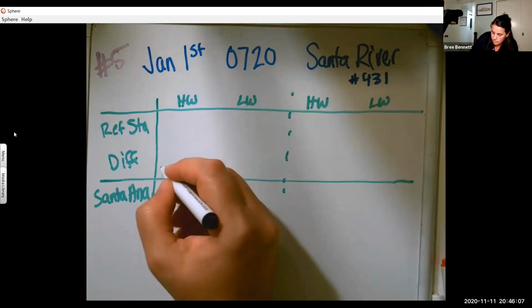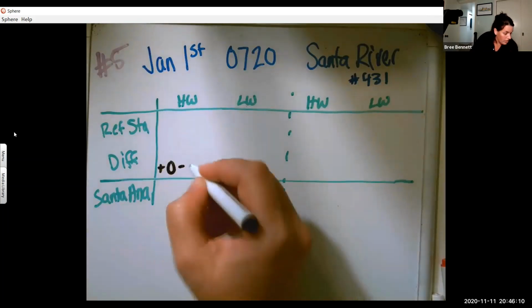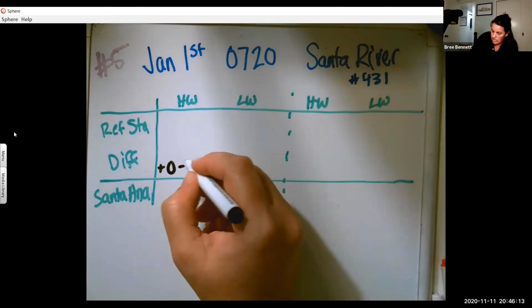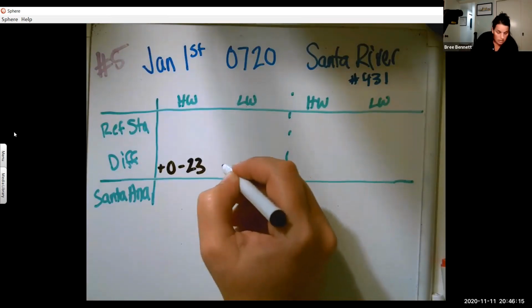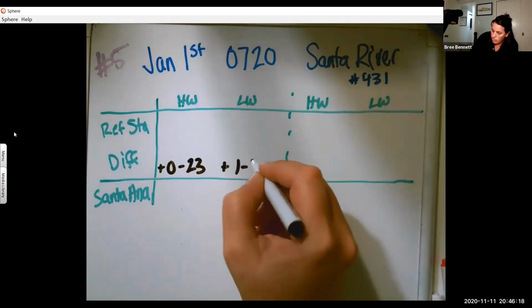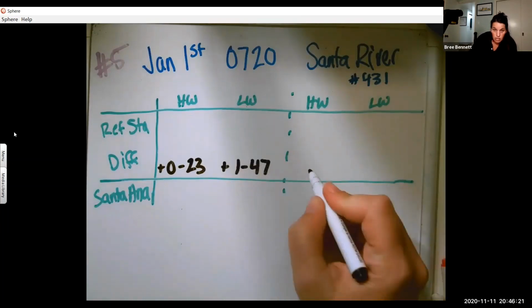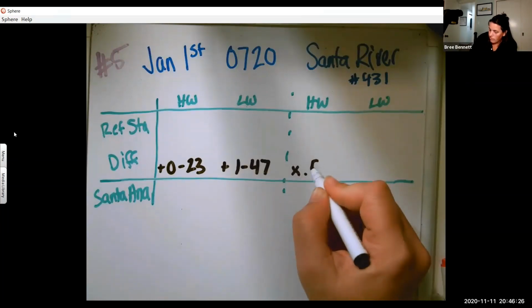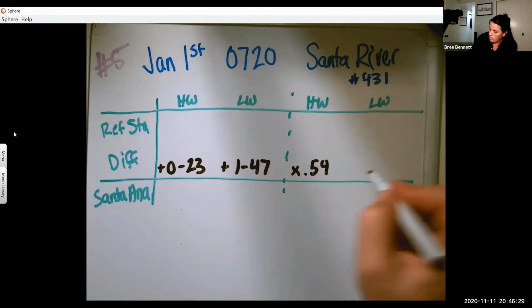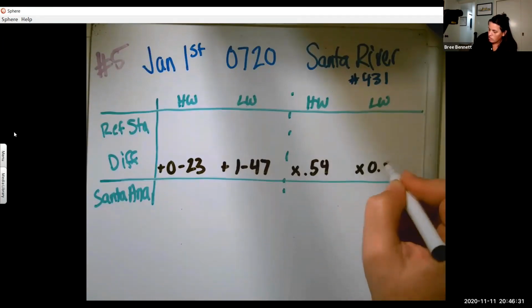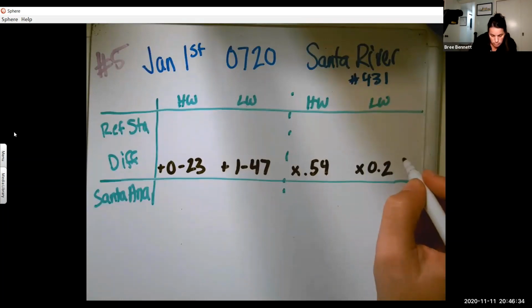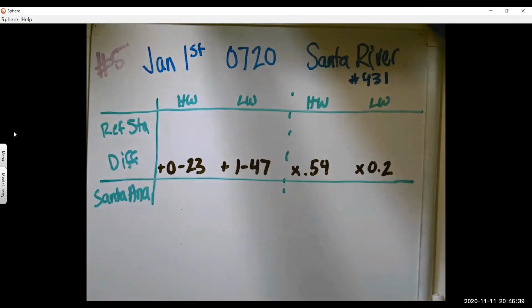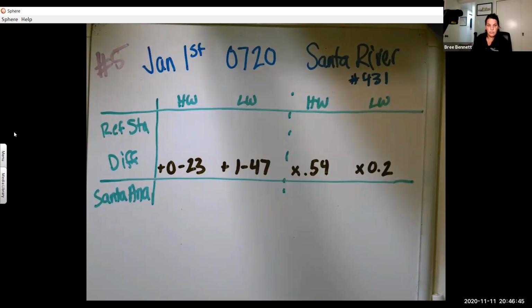I have plus 0 hours, 23 minutes, plus 1 hour, 47 minutes, multiply by 0.54, and multiply by 0.2. Let you guys copy those.